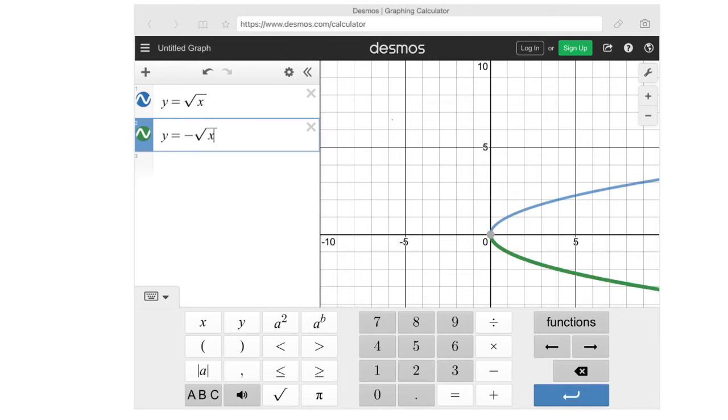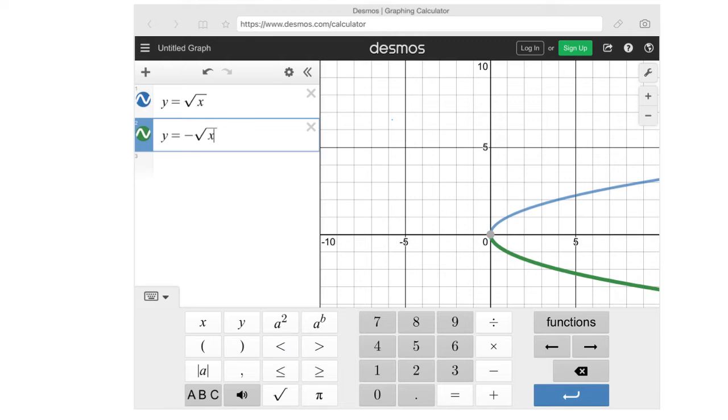Now, for anybody who punched in y squared equals x, you'll notice that you get both of those graphs. The problem is, combined, they don't represent a function. Combined, they wouldn't pass the vertical line test. However, independently, each one would be a function. If the green wasn't there, the blue graph alone would be a function, and same thing for the green graph.